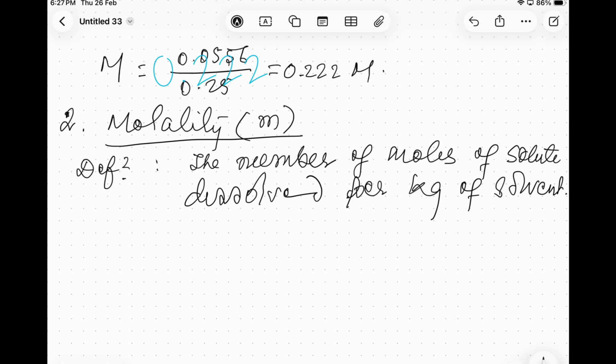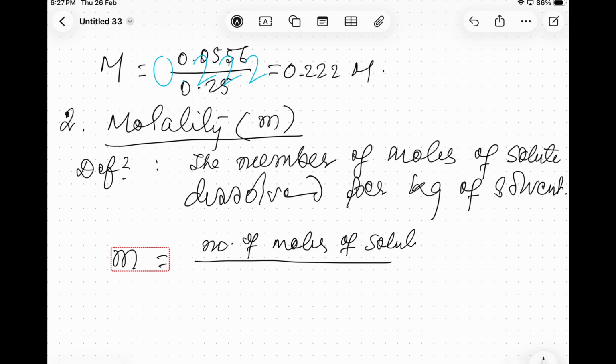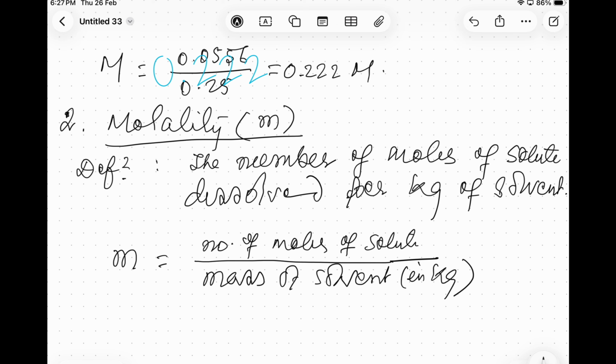Therefore, mathematically, molality is given as number of moles of solute by mass of solvent in kilogram. Unit of molality is mole per kg.